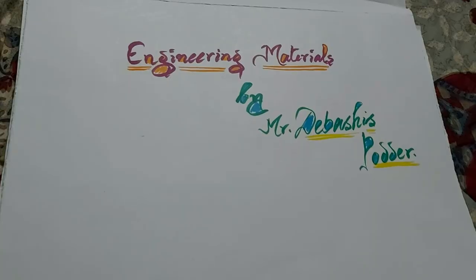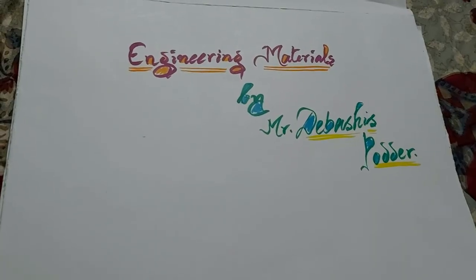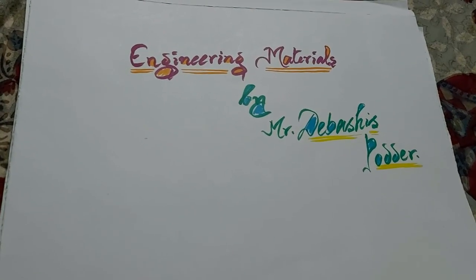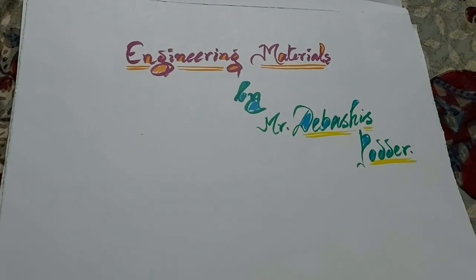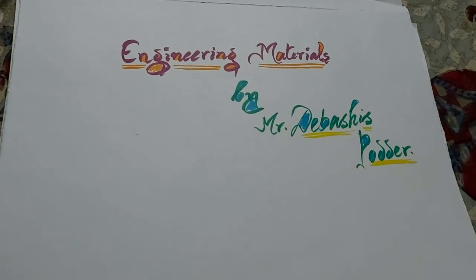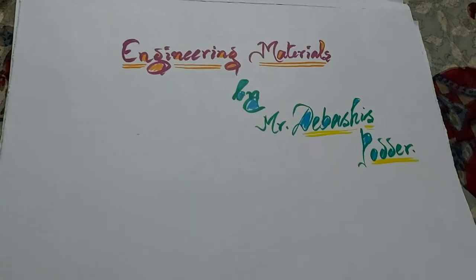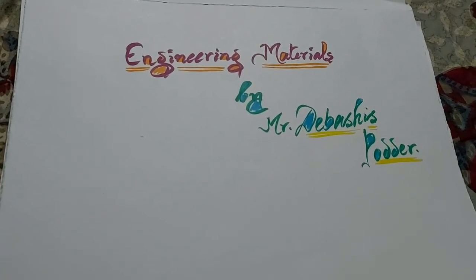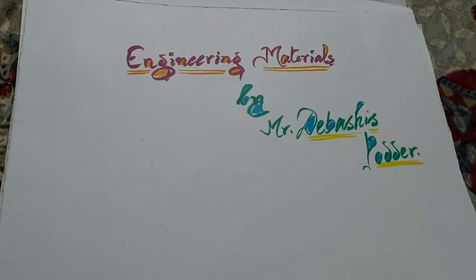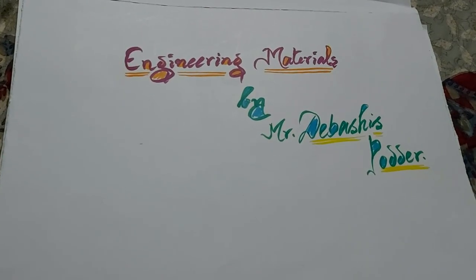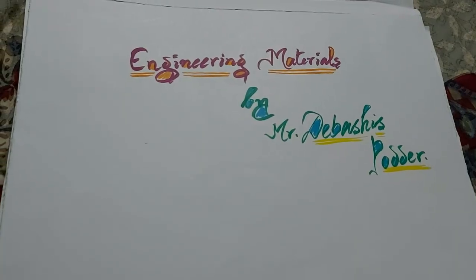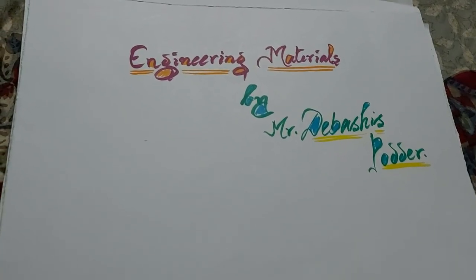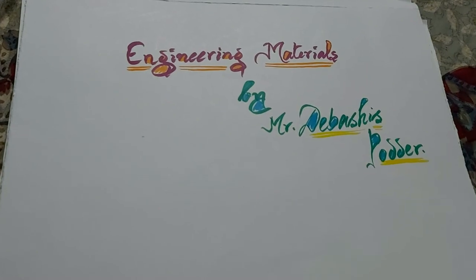Yes, we can draw it not only in isomorphous system but also in complex binary diagram. Also, we can draw this tie line in ternary diagram, where we have three components.